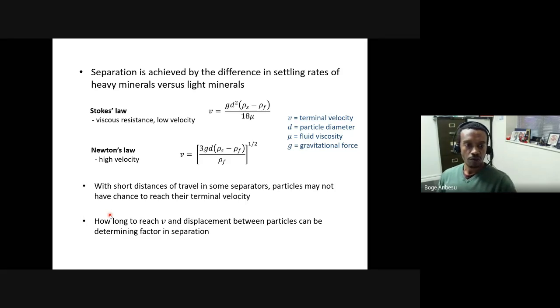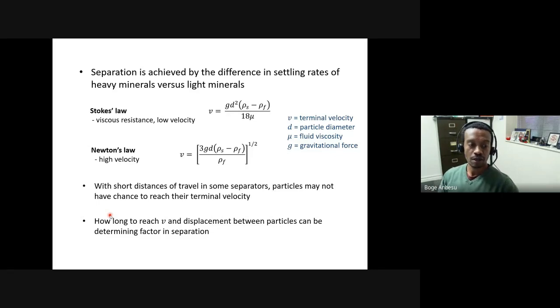If, for example, particles are not given enough time to travel in the separator, then you may not be allowing them to attain a terminal velocity, and therefore that will impact the separation. So you may not be able to fully separate particles from one another. Again, that is some of the things that people take into consideration when designing a typical gravity separator as well.